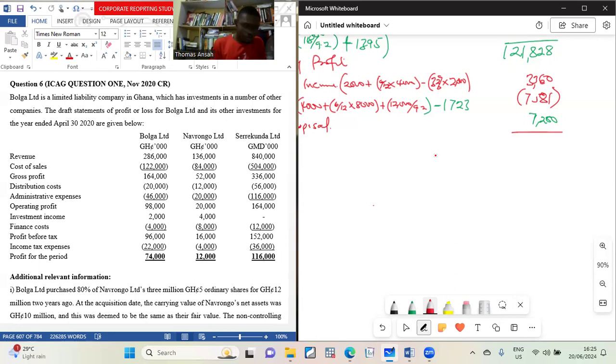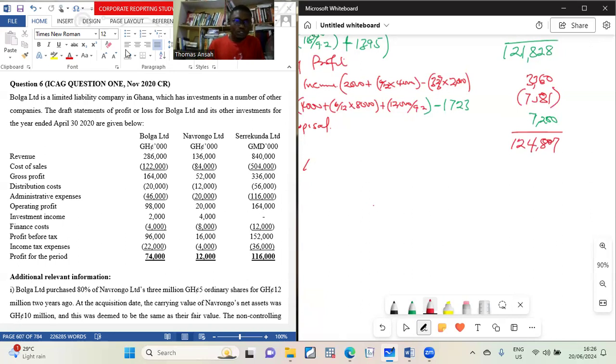Then plus 7,200. So I have here 124,807. So basically that is that. So the next thing is my tax. All right, my tax.